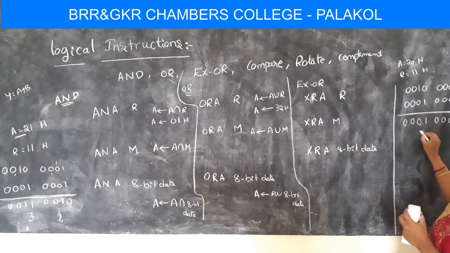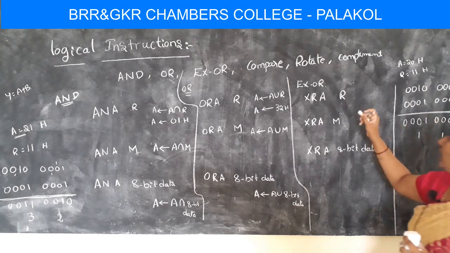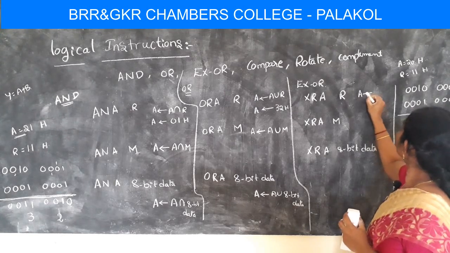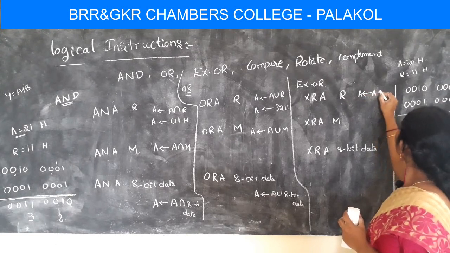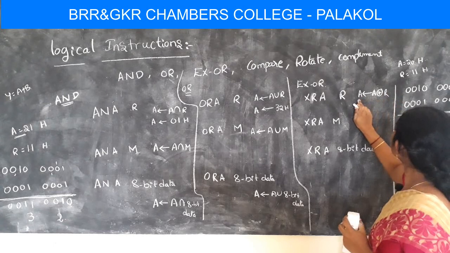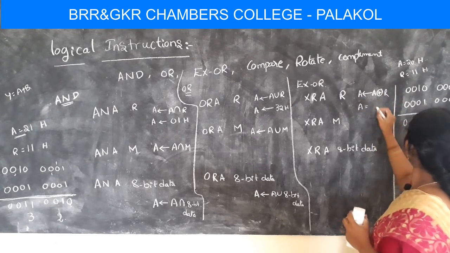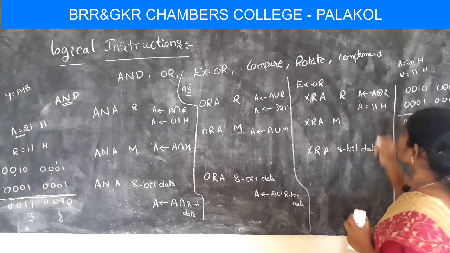Here this value is 1 and this value is also 1. So A is XORed with this register R and the result is stored in the accumulator. Therefore the accumulator is equal to 11H.